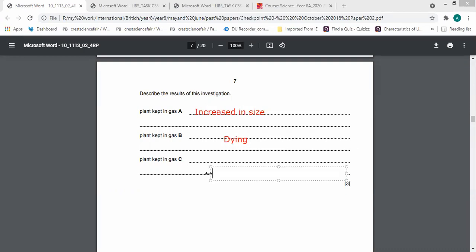In plant C, what happens? The plant didn't grow. Yes, or no change. Is it clear, guys? You got it? Yes. Okay, next question.